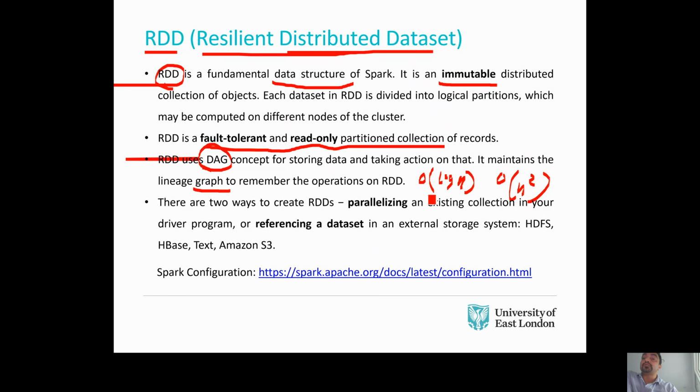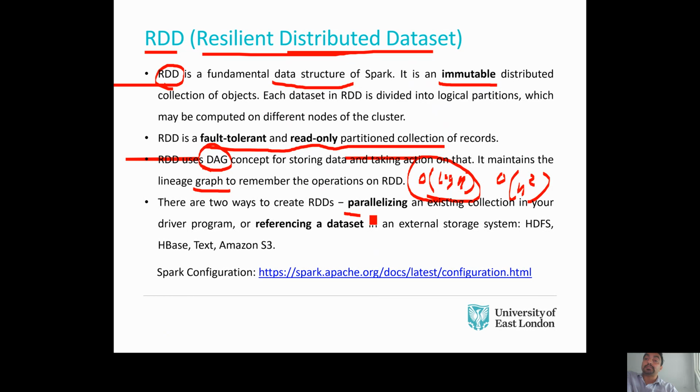This is the worst case, but usually the time complexity is log n. So it is much better than a tree, array, linked list, or any other type of data structure. That's the reason Spark is much faster as compared to Hadoop.